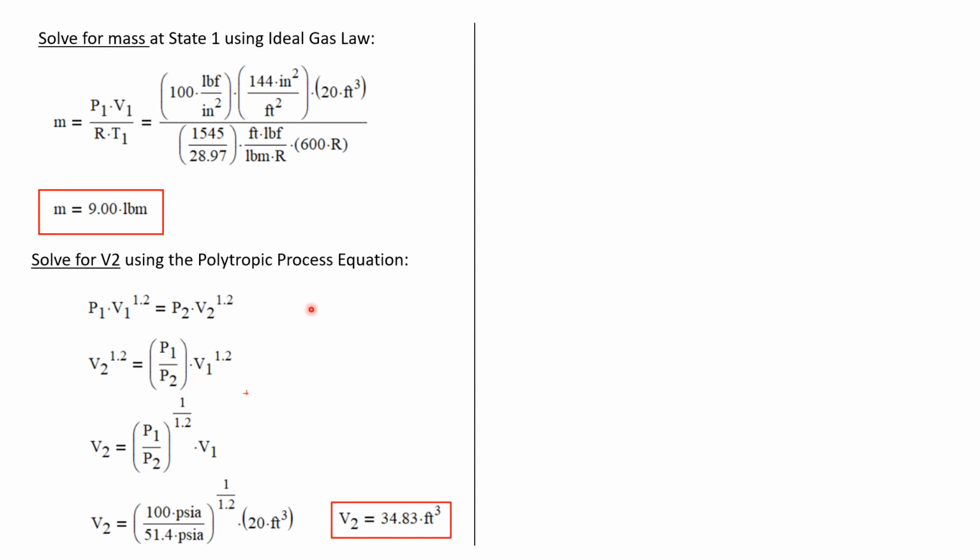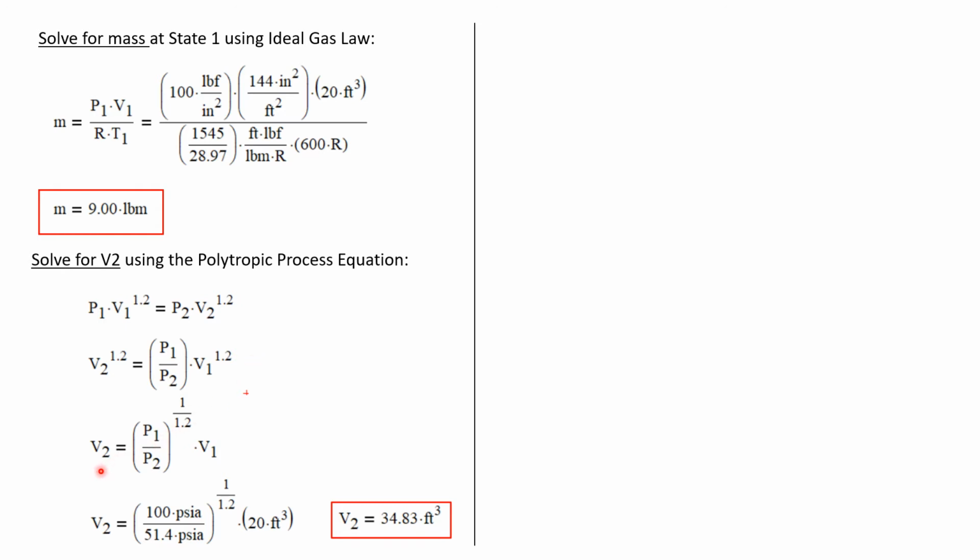Now let's find the final volume of the process. We'll do that using the polytropic equation. We know that P1V1 to the 1.2 power is equal to P2V2 to the 1.2 power. Let's solve for our unknown. Let's isolate the V2 expression. So we have V2 to the 1.2 power is P1 over P2 times V1 to the 1.2 power.